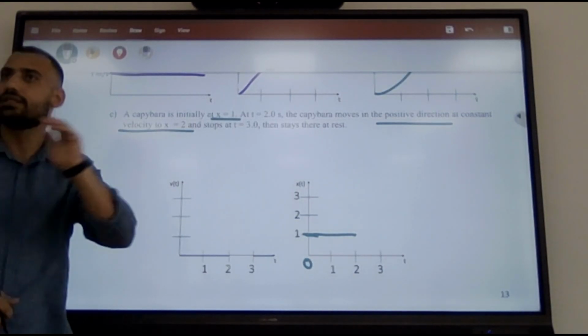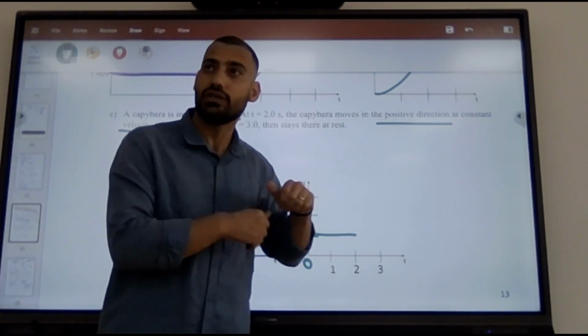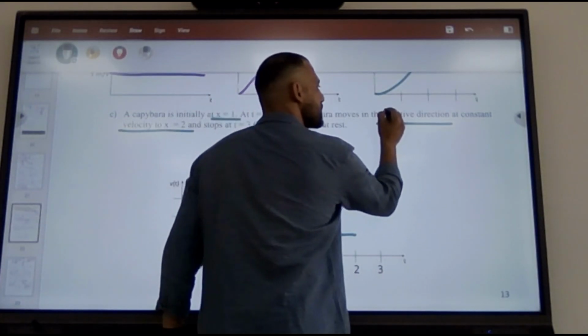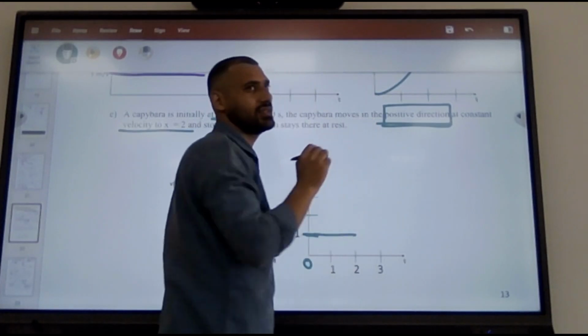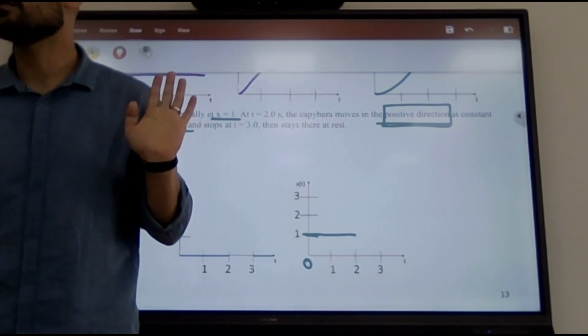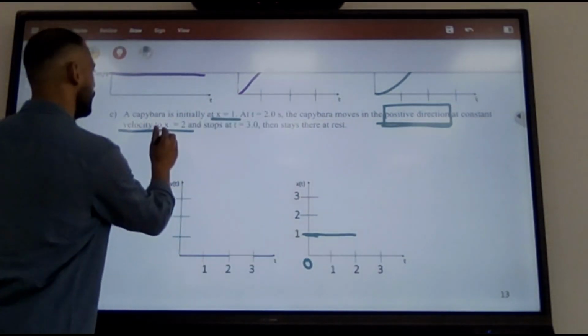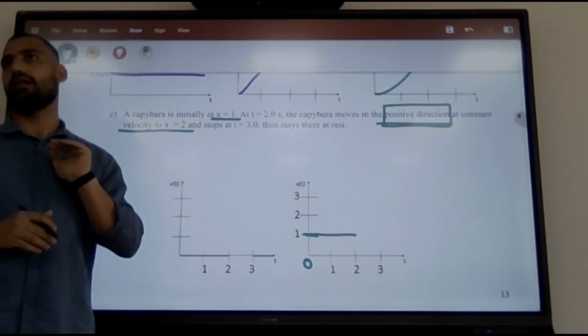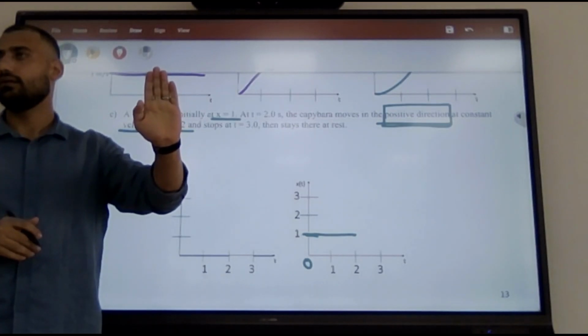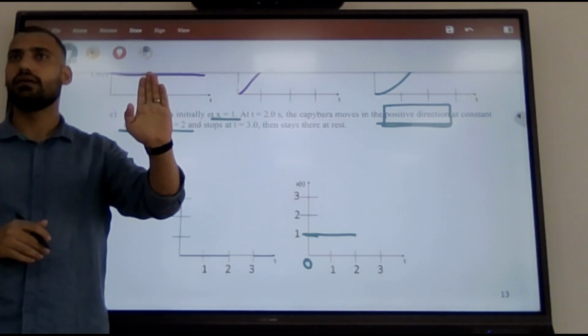Now all of a sudden he starts. So now there is velocity, isn't it? But in which direction? Positive direction. So velocity will be positive, isn't it? At a constant velocity. Constant velocity means, yes, what does it mean?